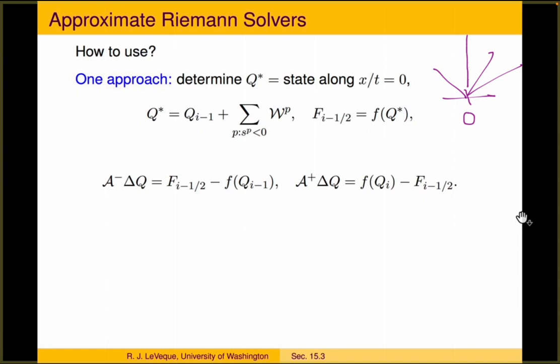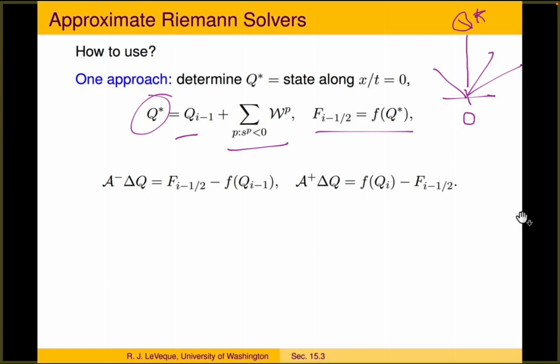And the value along that ray would be the value in the left state plus the sum over all the left-going waves of the wave strength. Or you could also start with Qi and subtract off all the waves that are right-going. But either way, you get some value for Q star along the interface here. And then just evaluate the true flux function at that value Q star, and that would give you an F i minus 1/2 that you could use directly in flux differencing.